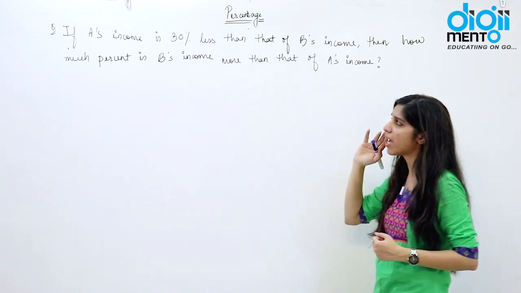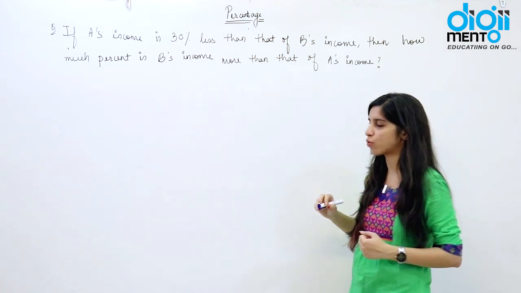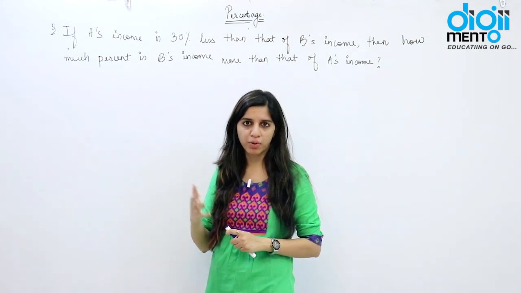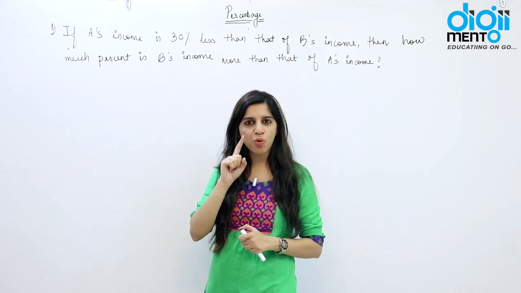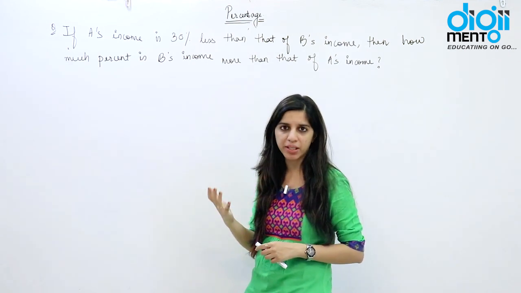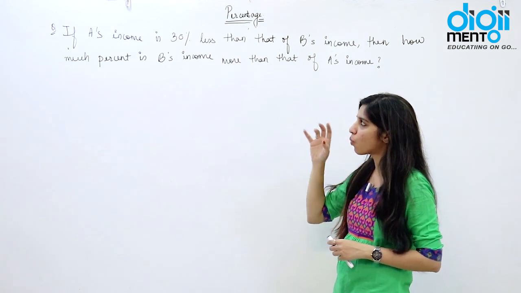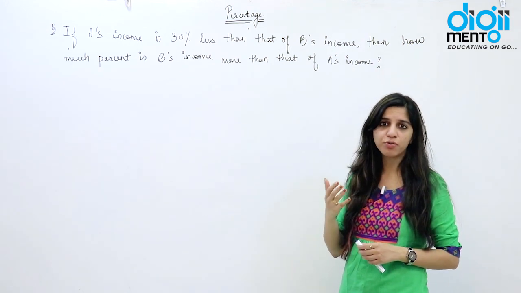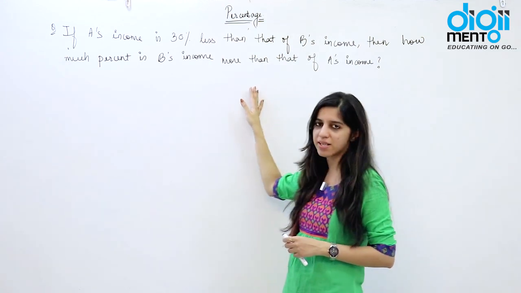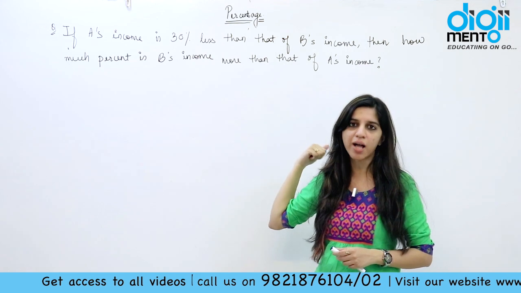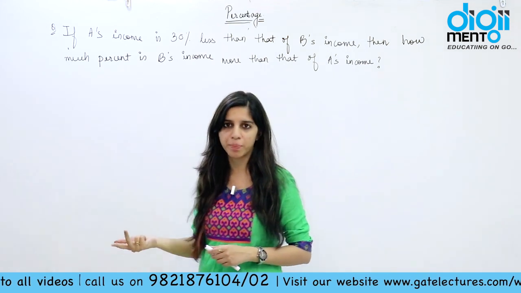Now what is it going to be and how do you approach these kinds of questions? See, there are a lot of shortcuts and formulas that you can remember, and I am going to tell you the formula and shortcuts anyway, but there is one very simple trick that I would advise you to follow. Whenever you are working with percentages and you do not need to find any absolute value, see, they are not asking you to calculate the income of A or B, right?